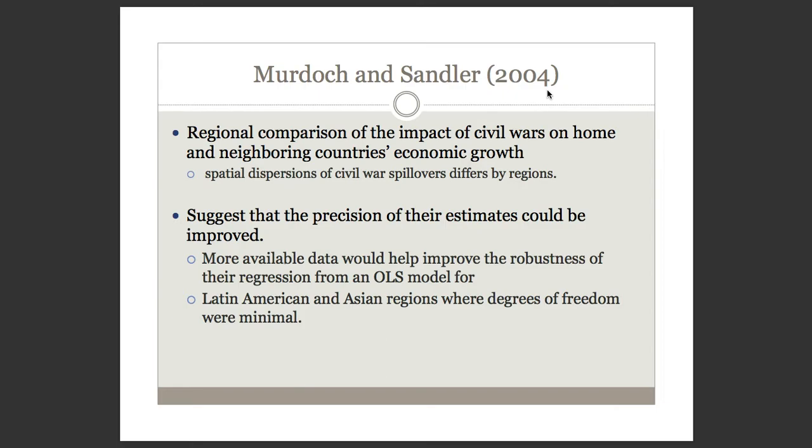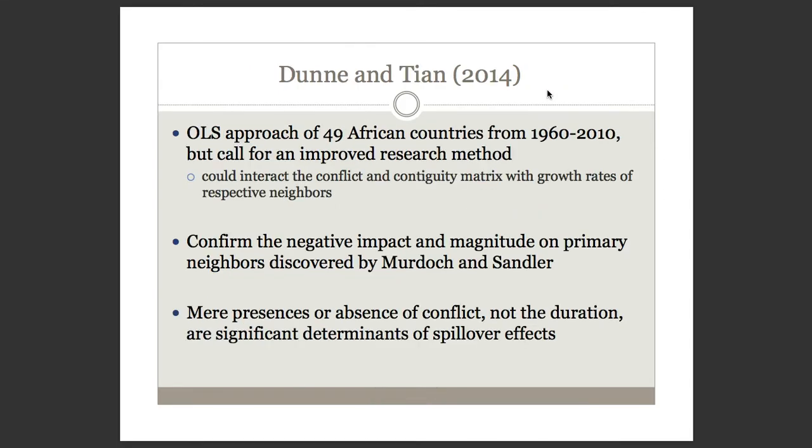Murdoch and Sandler also mention that there are some issues using OLS, especially in Latin American and Asian countries where degrees of freedom were limited. So my synthetic control model can help overcome these limitations. The Dunne and Tian paper looks at primarily African countries, and it confirms that there are negative impacts, and just the presence of conflict alone creates significant spillover effects.